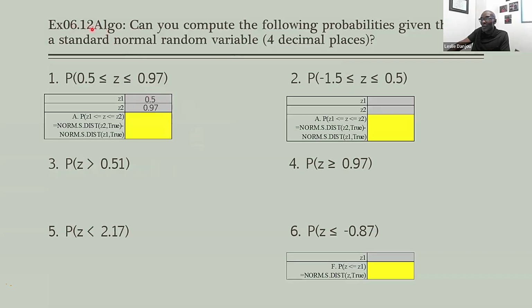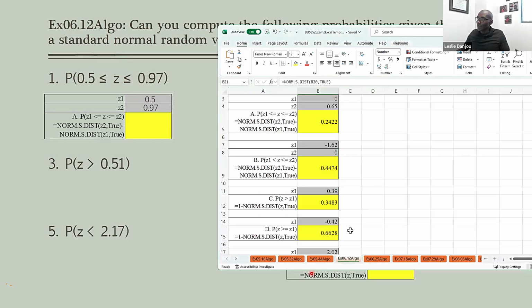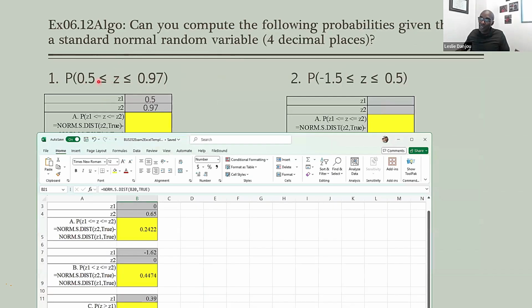Let's go to 6.12. I'm going to drag this down just a tad bit. The goal is to enter all of these z values. Inside of the probability are your z values.